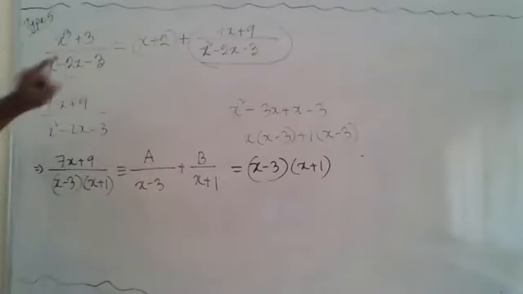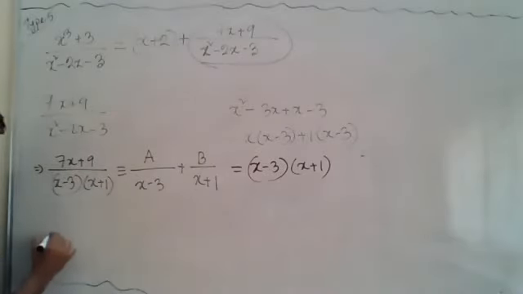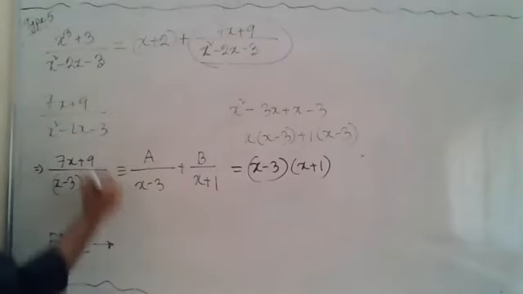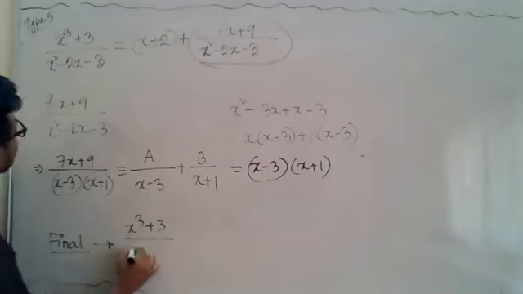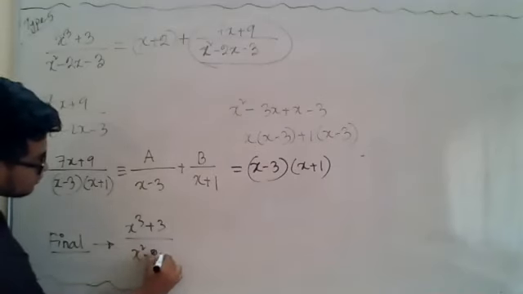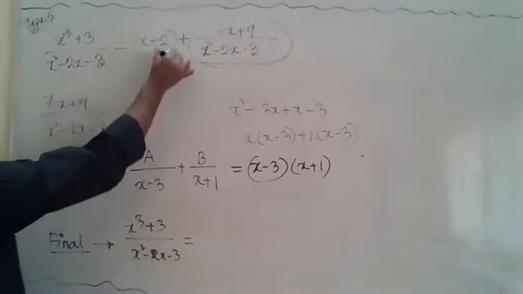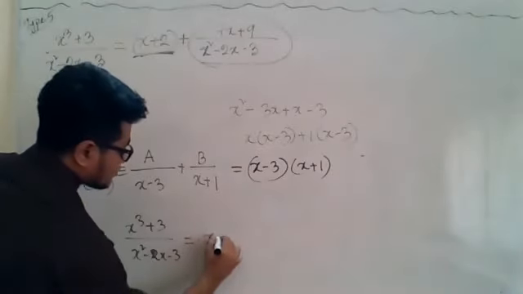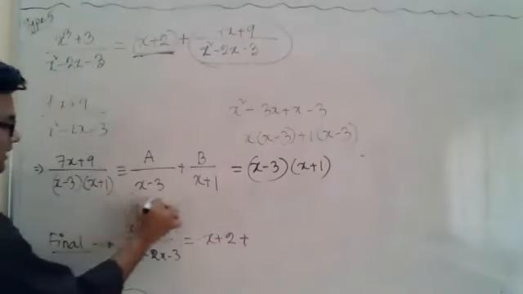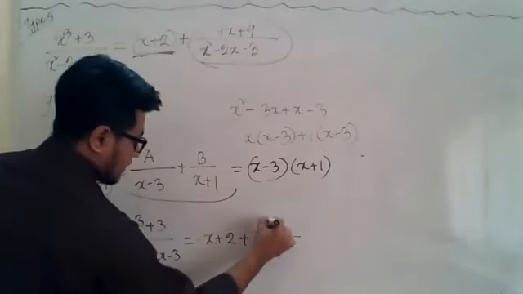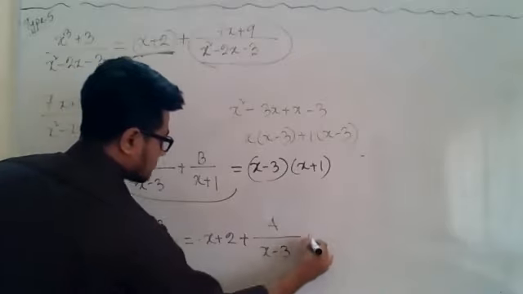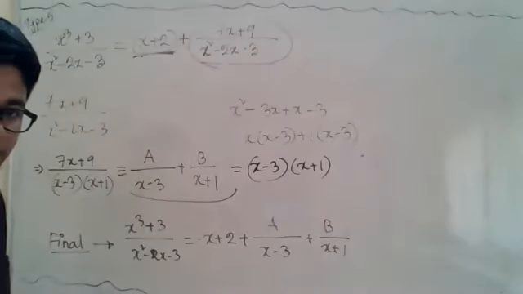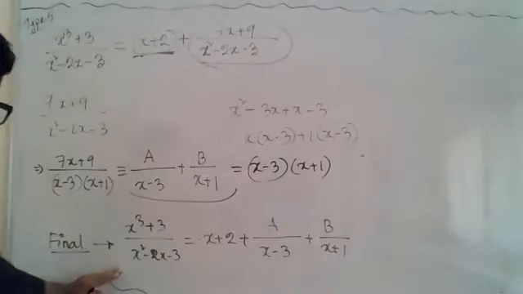Then in the final line, when you have found out a and b, x cube plus 3 divided by x square minus 2x minus 3 will be equal to, at first you need to write x plus 2, since that will be a fraction, then plus, and put the values of a and b, a over x minus 3 plus b over x plus 1. As I don't know the value of a and b, I couldn't write it, okay? But you understand that the final line is going to be this, okay?